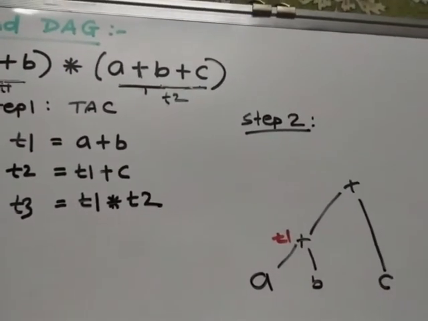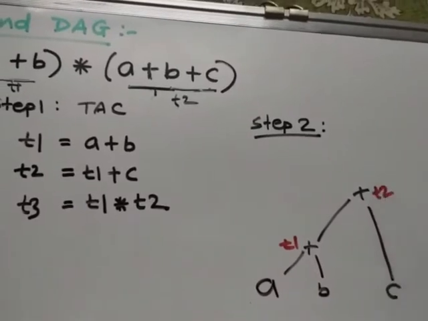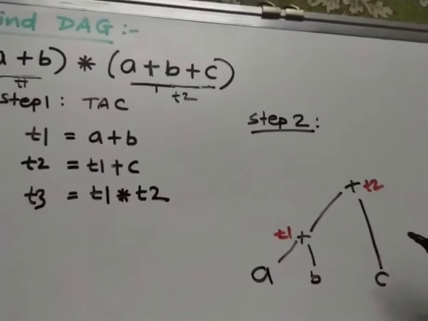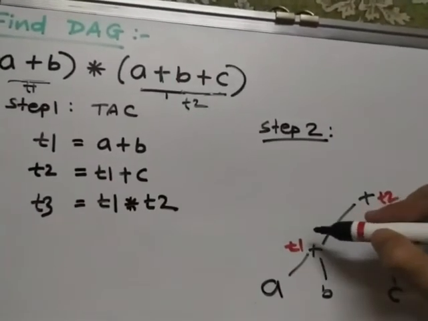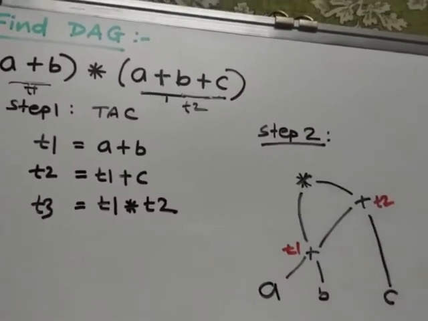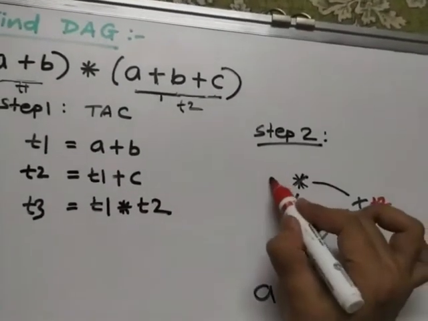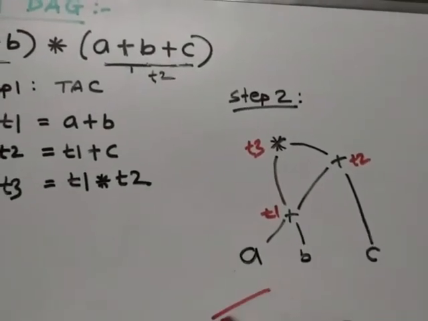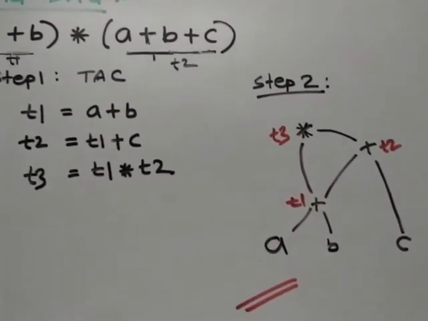This way I have created t2, and next I have to multiply t1 and t2. So t1 and t2 have to be multiplied. I will connect this t1 and t2, and I will create t3. In this way, the DAG for the given example can be created.